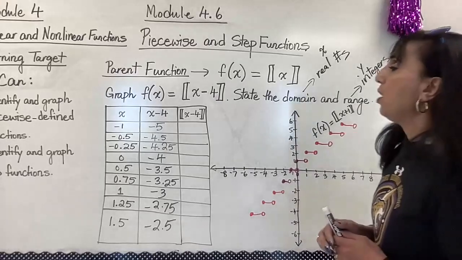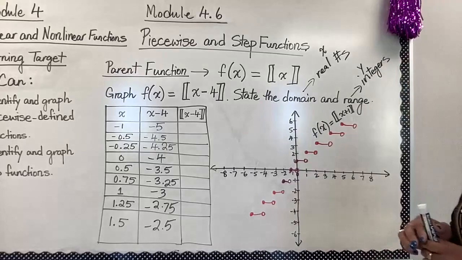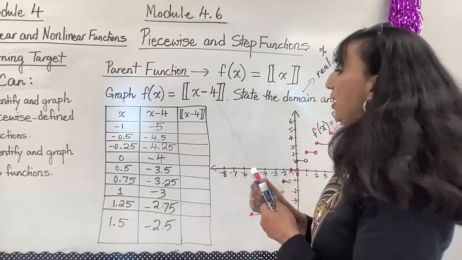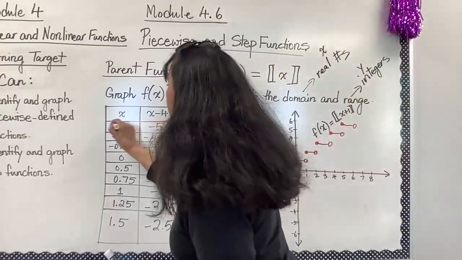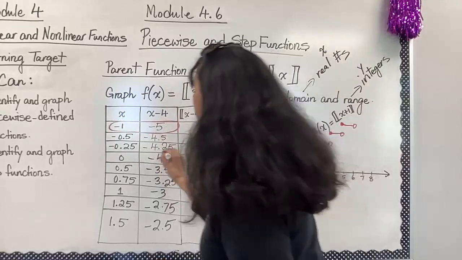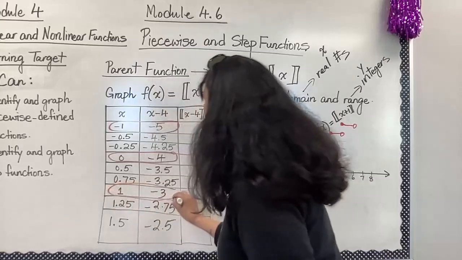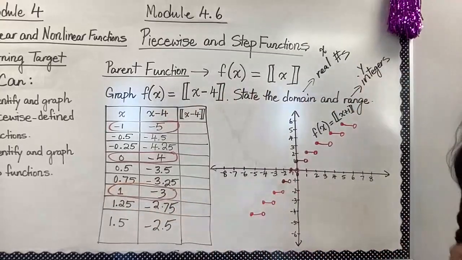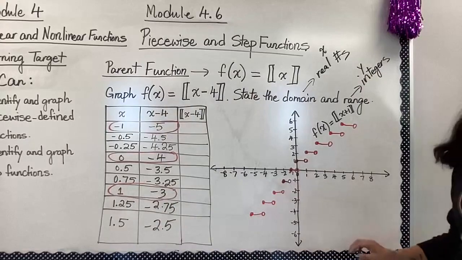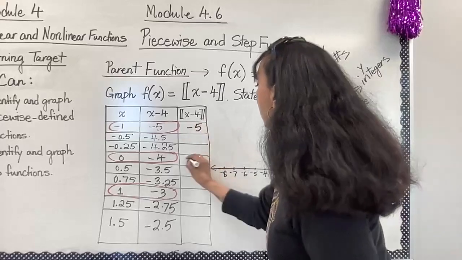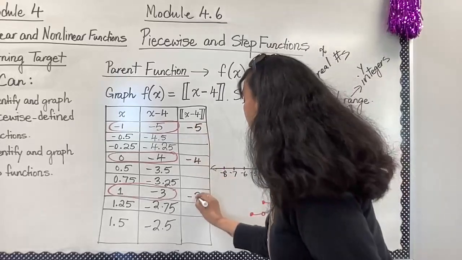If I look at negative 5, of course this one is fine, as are the ones which are already giving me integer values. Here I can automatically see I get negative 5, negative 4, negative 3.